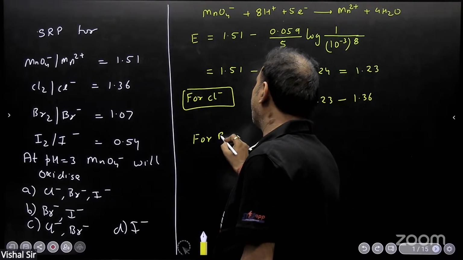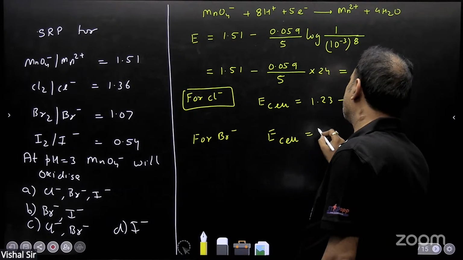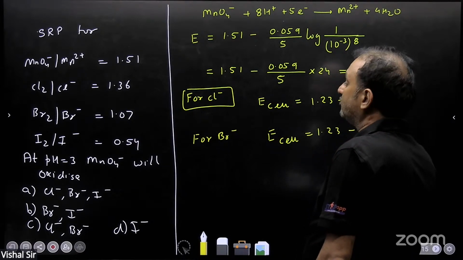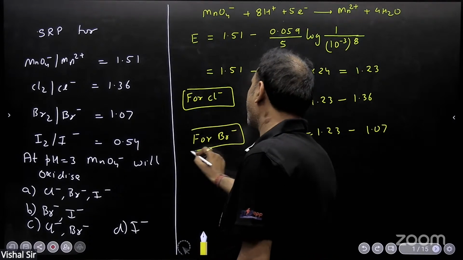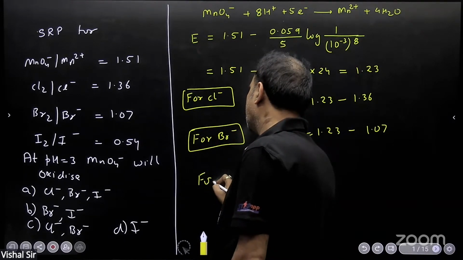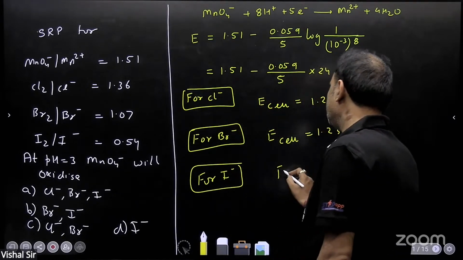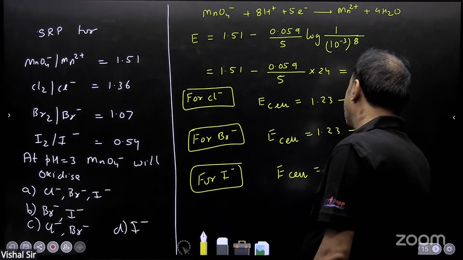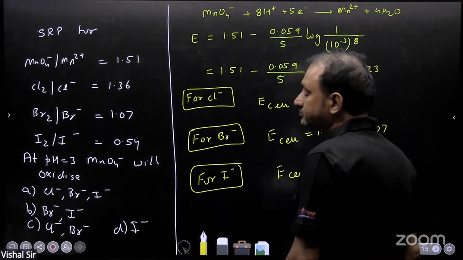Similarly, for Br minus, what will be E cell? 1.23 minus 1.07. And for I minus, E cell will be 1.23 minus 0.54.